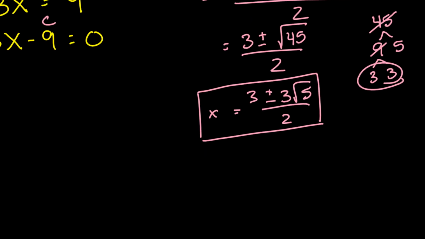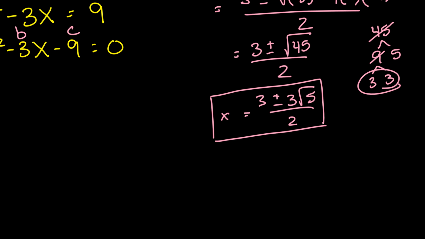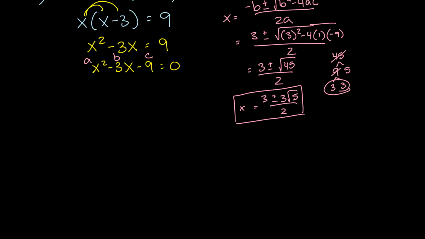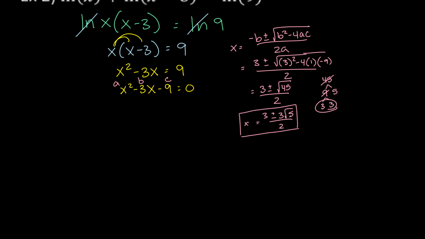Is one of these solutions, 3 plus 3 square root of 5 over 2, or 3 minus 3 square root of 5 over 2, a negative number? Yes, which one? 3 minus 3 square root of 5 is negative. So we know I have at least one extraneous solution, 3 minus 3 square root 5 over 2.